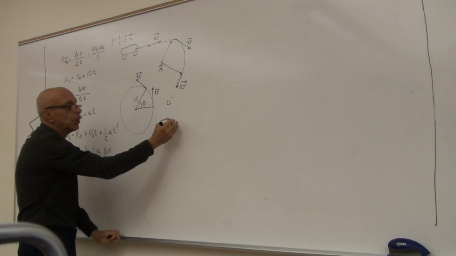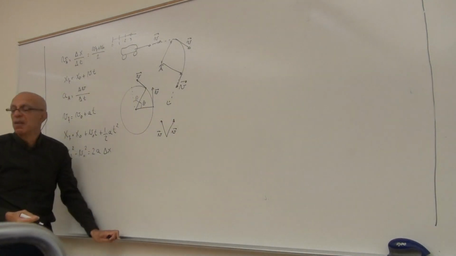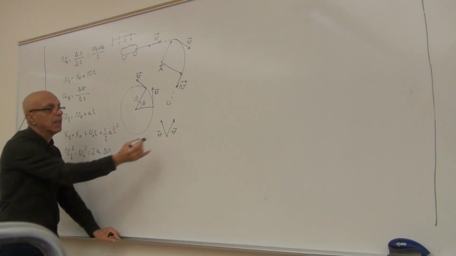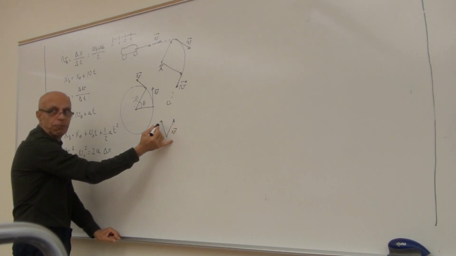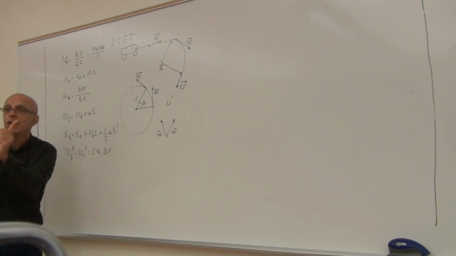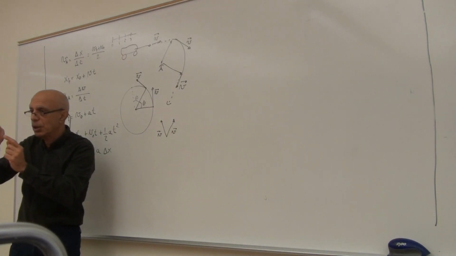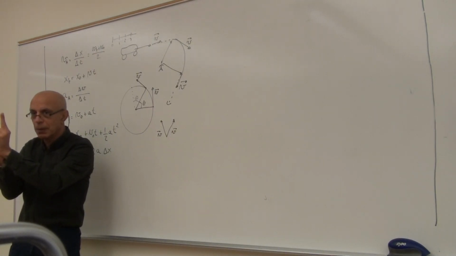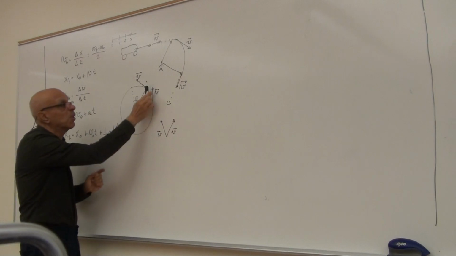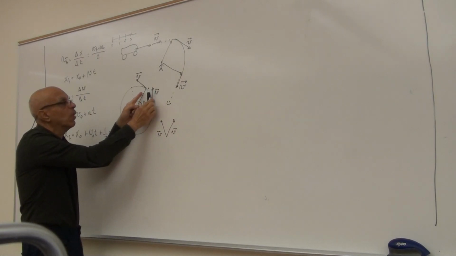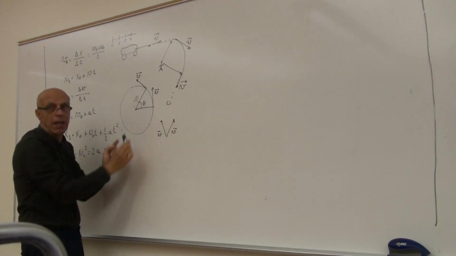So this is the initial position. Do you see that? This is the initial position, this is the final position, right? The vector is changing direction, right? The vector is going this way, and then 1 second later, it shifted that way.